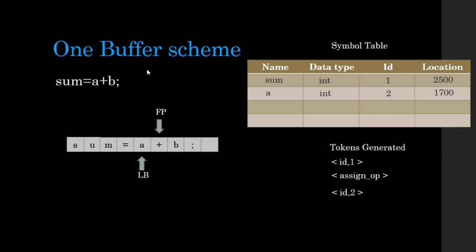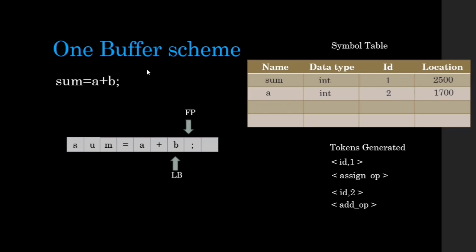Now the lexeme beginning pointer will move to plus. The forward pointer will move to the next location. The next location is B. B is not part of the lexeme plus. Plus is an arithmetic operator, so an add operator token will be created. Now the lexeme beginning pointer will move to B, and the forward pointer will move to the next location.